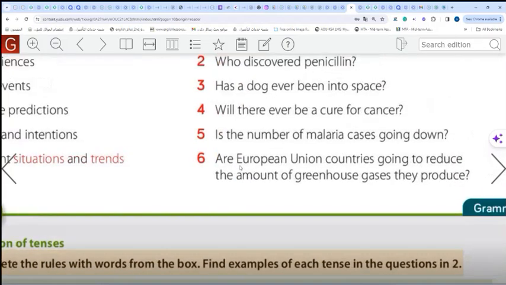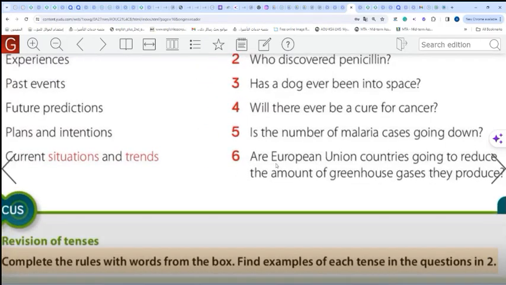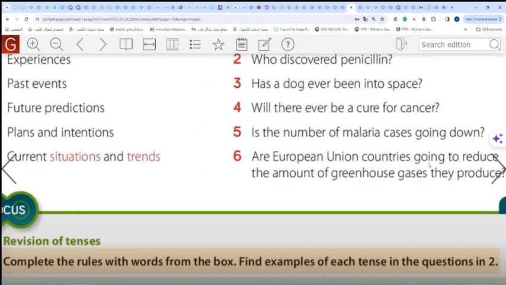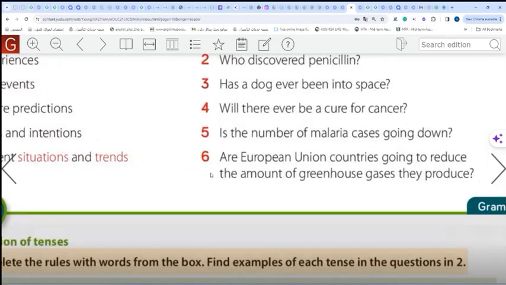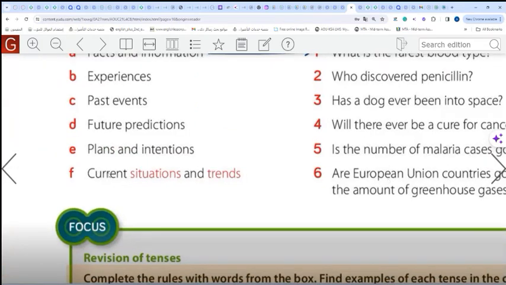Going to. Excellent. When we use going to plus infinitive, it means that you are talking about plans and intentions. So here we have are plus going to plus infinitive. Are European Union countries going to reduce? This structure is used to talk about plans and intentions. Do you see what I mean by intentions?